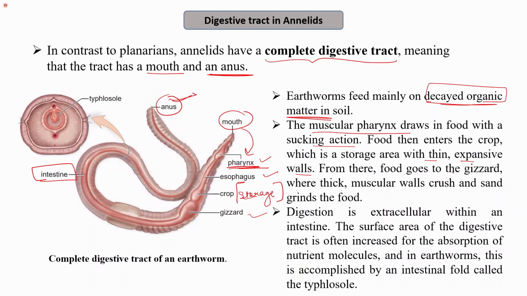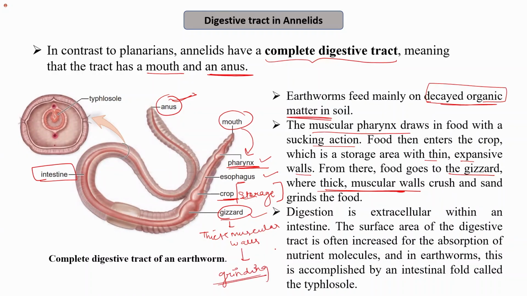From there, the food goes to the gizzard, which has thick muscular walls. So the crop region is made up of thin walls, while the gizzard region has thick muscular walls. And why are thick muscular walls required? These thick muscular walls help in the grinding of the food.